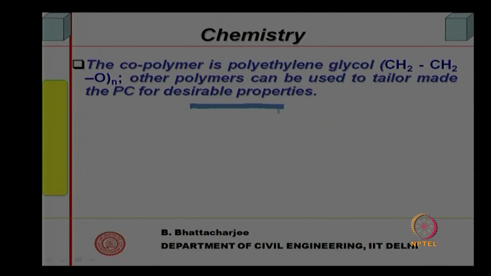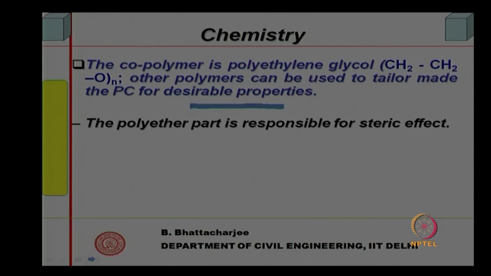So, this is the biggest advantage and this development took place largely in the 1990s, let us say late 1980s and late 90s. So, therefore, we have a choice of designing or developing various kinds of superplasticizer, or as they are called hyperplasticizer, using this polycarboxylate ether type of formulation.